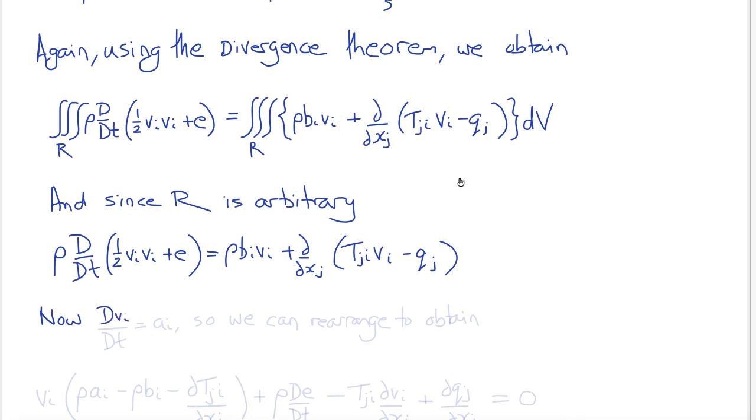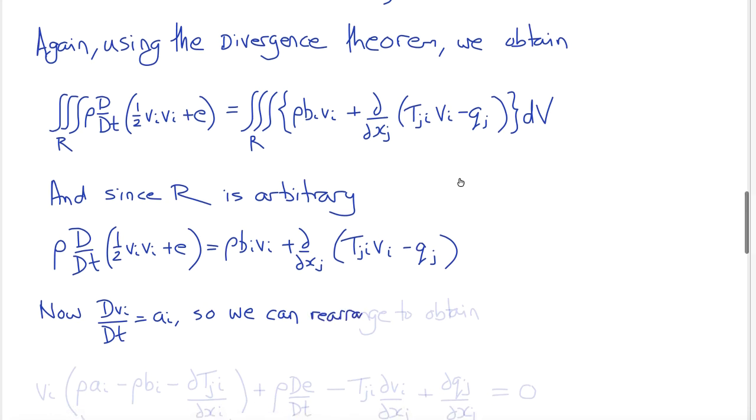Now, recognizing that the material derivative of the velocity dVi/dt is ai, the acceleration, we can rearrange the equation above to obtain the following.